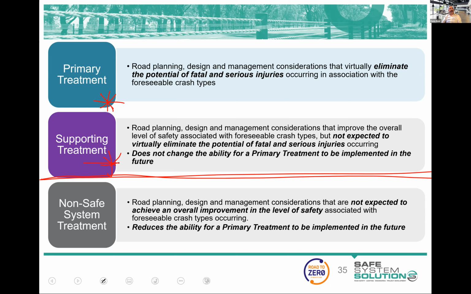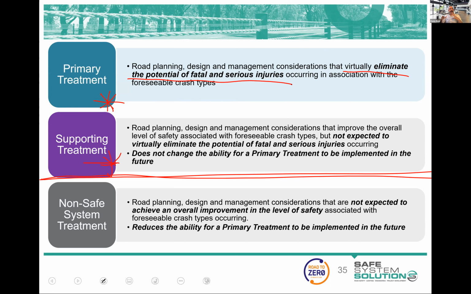But what that actually is, Austroads has said these sort of things are primary treatments because they virtually eliminate the potential for fatal and serious injury crashes occurring associated with the foreseeable crash type you're looking at. Virtually eliminate. So there could be multiple things that you could do that would do that. Or there might be none. You might not be able to come up with a primary treatment.